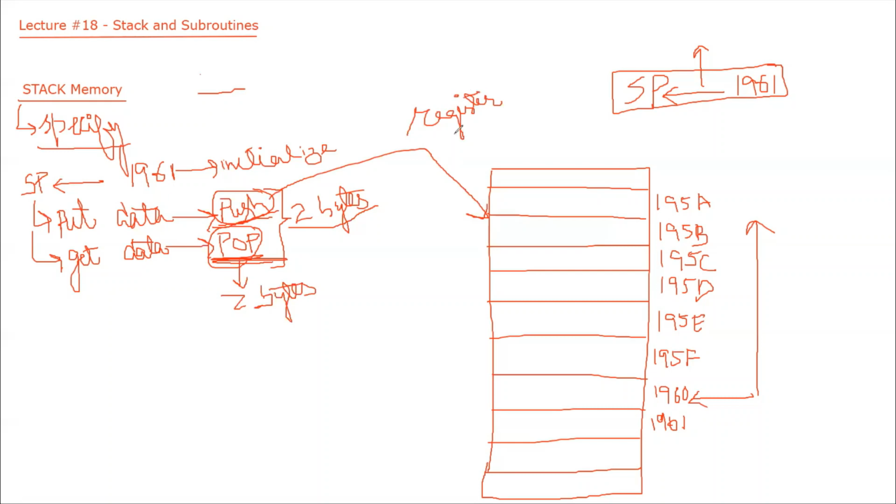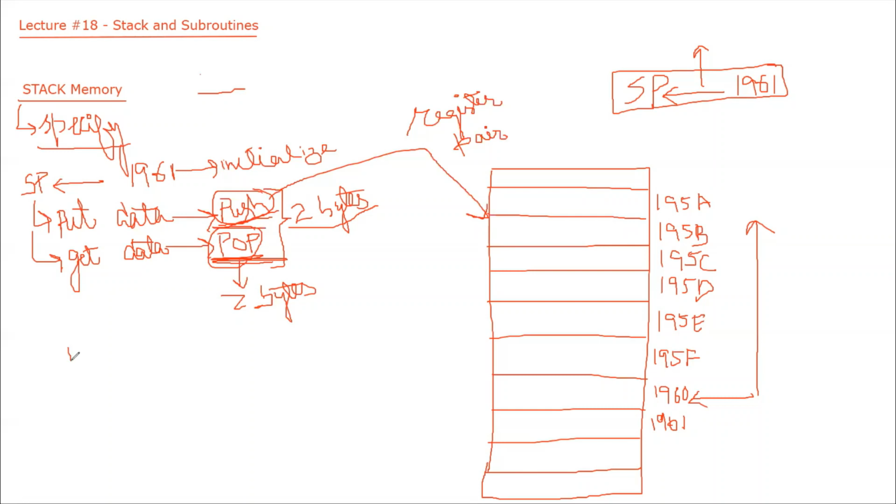Why using a register pair? Why not a single register? Because a single register contains how many bytes of data? 1 byte of data. But as I said, that push can store how many bytes of data? 2 bytes of data. And 2 bytes of data are stored in a register pair.